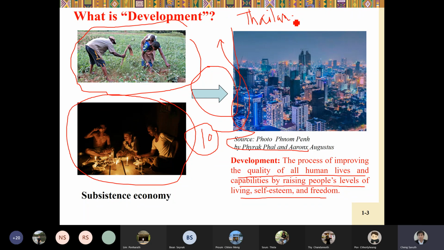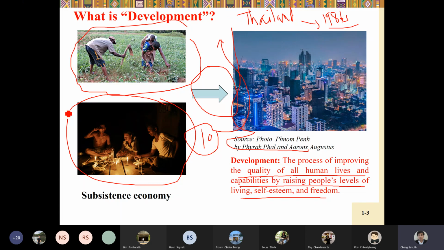Thailand, in about 1986, around those years, started to grow very fast. Their economy received a lot of FDI from Japan and many advanced economies, and the Thai economy grew very fast over the next 10 years, up to 1997 when they encountered the crisis, the Asian currency crisis.